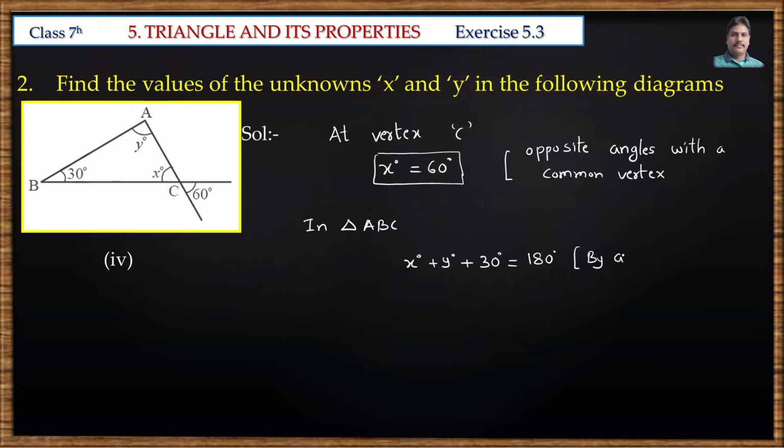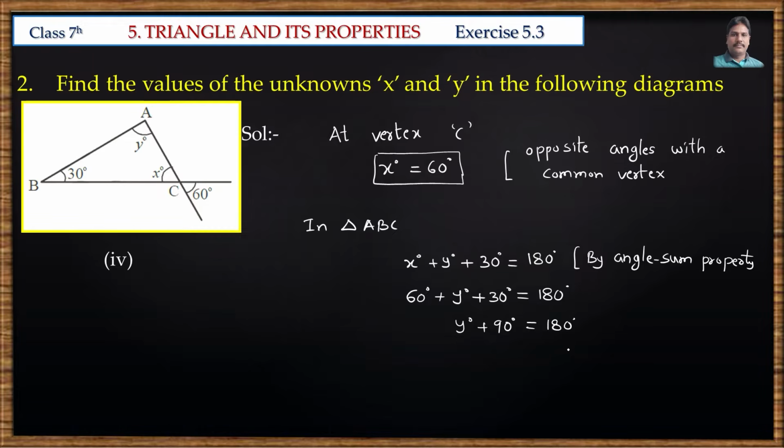by angle sum property. We know the x value, that is 60 degrees, plus y degrees plus 30 degrees is equal to 180 degrees. 60 plus 30 becomes 90. So, therefore, y degrees plus 90 degrees is equal to 180 degrees.